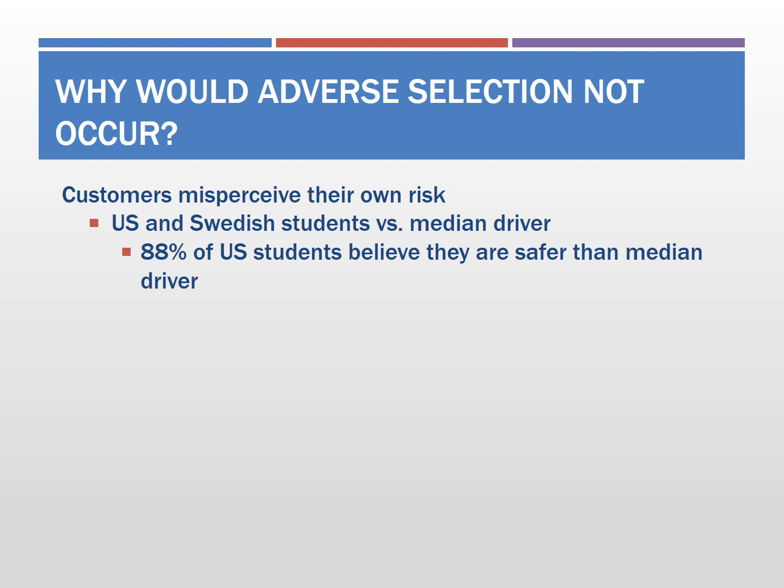The question asked those students how safe they are compared to the median driver on the road. 88% of the US students actually believe they are safer than the median driver on the road, compared to 77% of the Swedish students who believe they are safer than the median driver. Well, this is an indication of how inaccurate people sometimes can be at estimating risk compared to other situations.